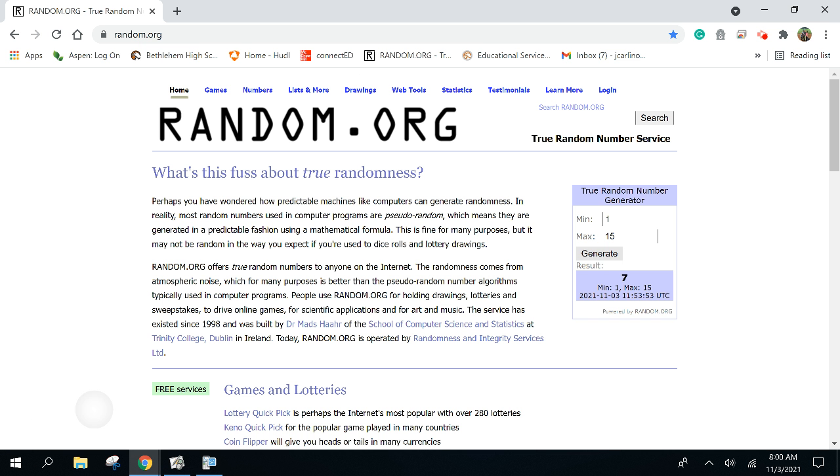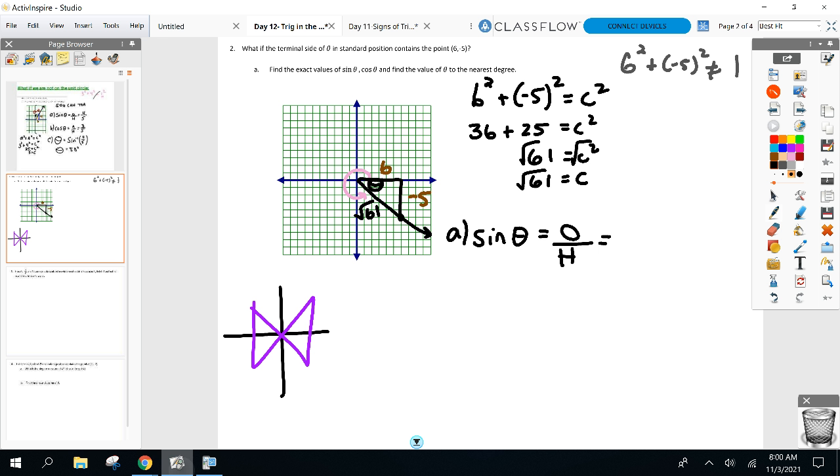What sides am I going to put in here? Opposite over hypotenuse. Do we have a 4? I'm going to believe it's somewhere in this quadrant here. Opposite would be negative 5. Then hypotenuse would be radical or square root of 61.